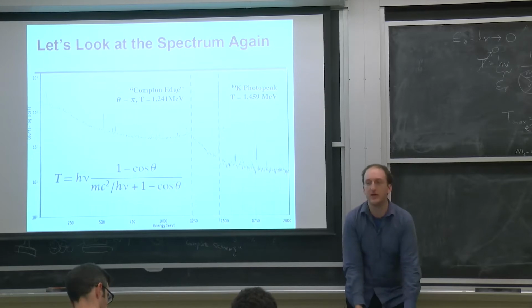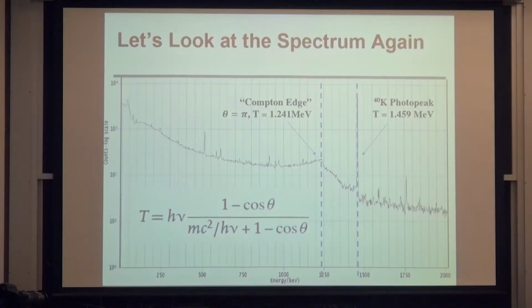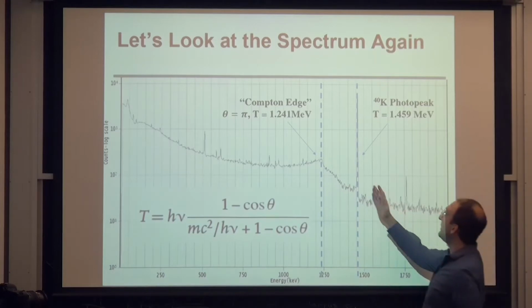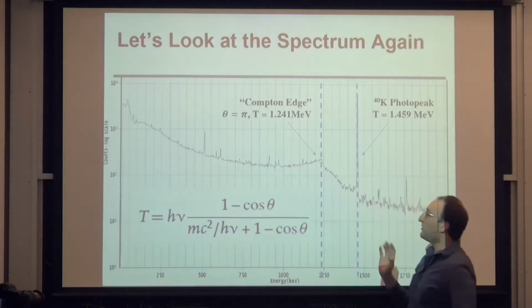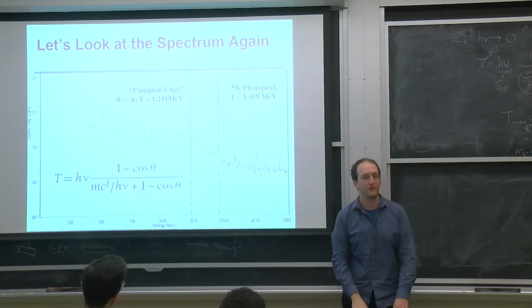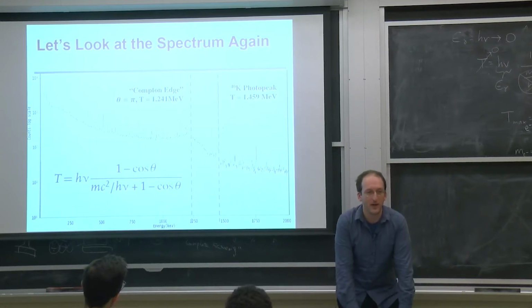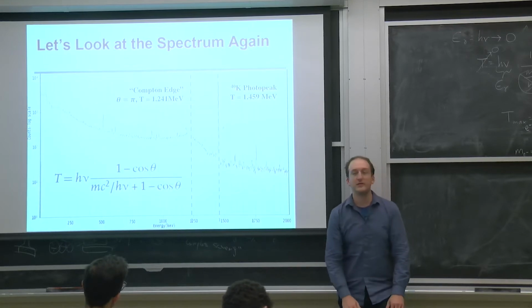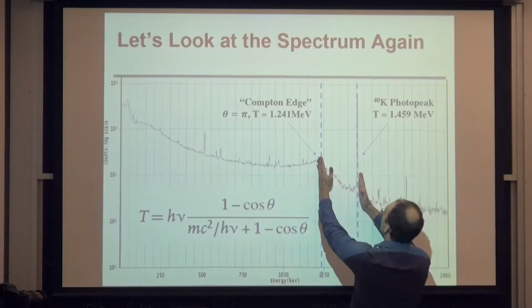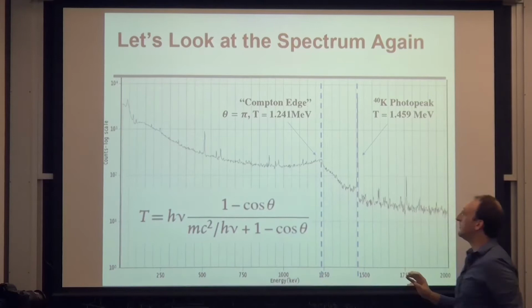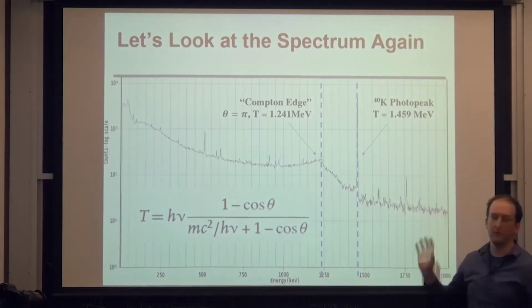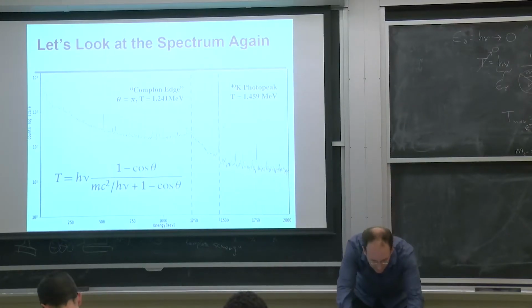So once you reach like 10 or 100 MeV, you're pretty much at that limit. And so what that tells you is that the distance between a photopeak and its corresponding Compton edge for high energy photons is going to be half the rest mass of the electron. Once you get to lower and lower energies, that distance will start to shrink. I'm sorry, other way around. That distance will start to grow. And I have a few examples I want to show you.